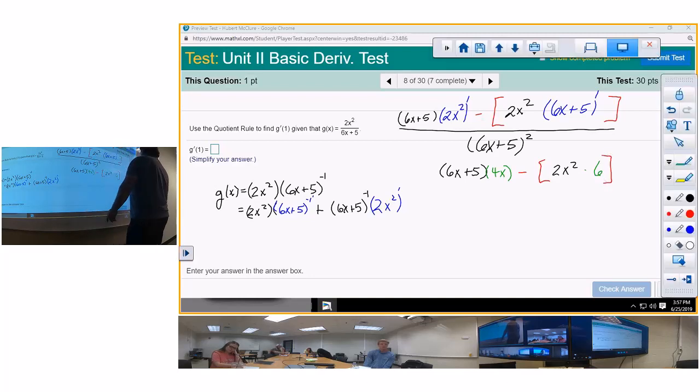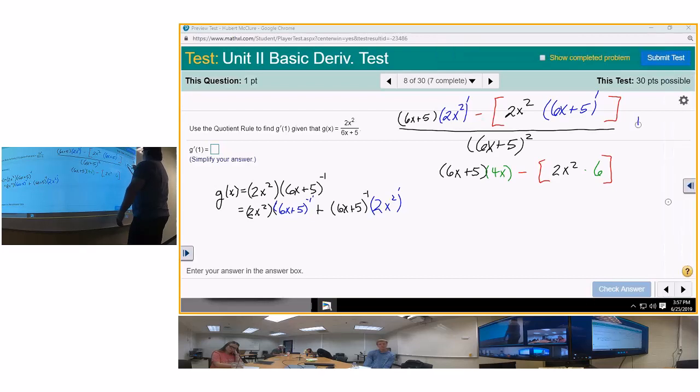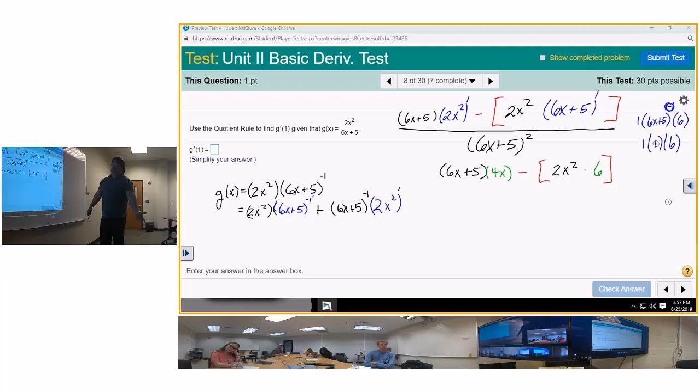You could write it out if you wanted to: 1 times 6x plus 5 to the 1 minus 1, and then the derivative of what's inside is 6. Well, what's anything to the 0 power? 1. So you're going to get 6 no matter what you do.